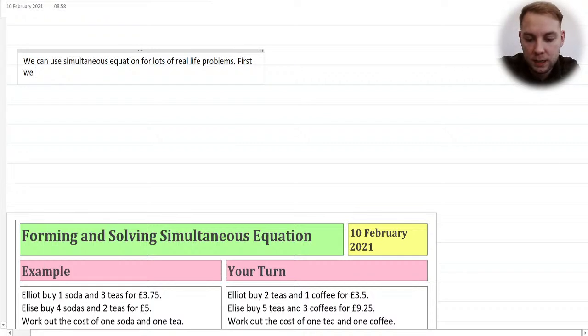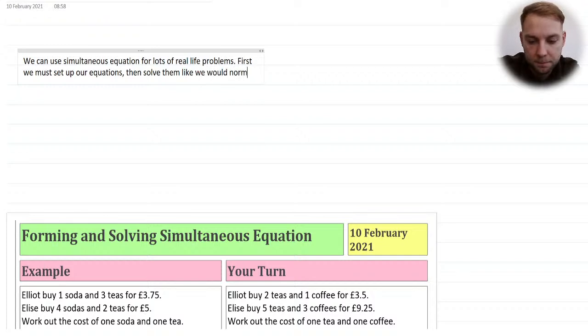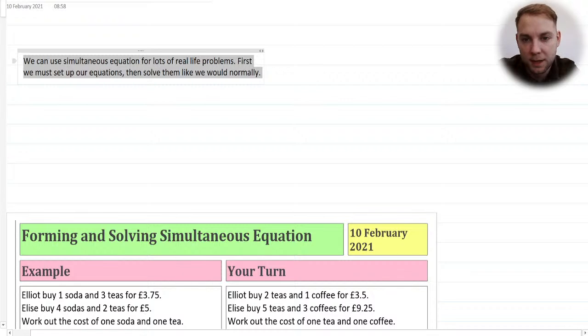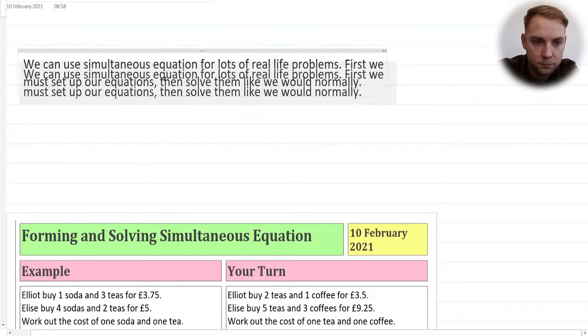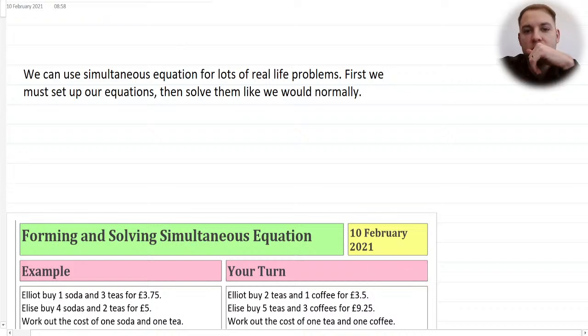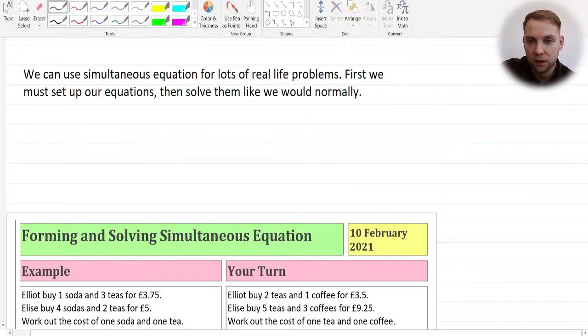First, we must set up our equations, then solve them like we would normally. Just to make that bigger for you so you can see it. We can use simultaneous equations for lots of real life problems. First, we must set up our equations and then solve them like we would normally. So get that down as a little starter.